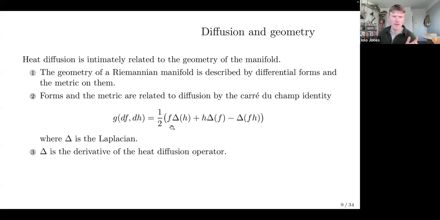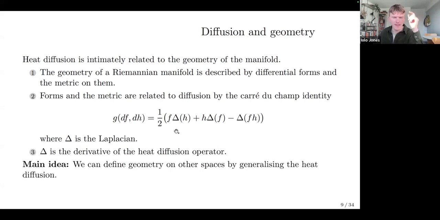So the big idea here is that we want to define geometry on other spaces. We can do that by generalizing the heat diffusion and using the Carré du Champ identity as a definition for all of that. So if you look at the right-hand side, that's analysis, basically. It's functions and Markov diffusion through the Laplacian delta. That's just a statement about the diffusion.